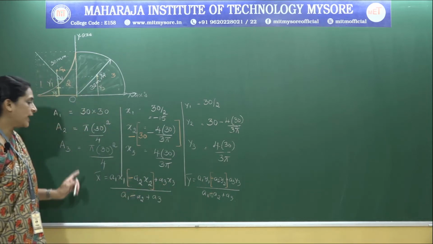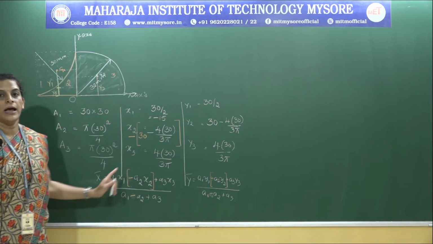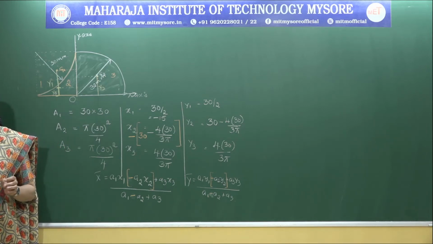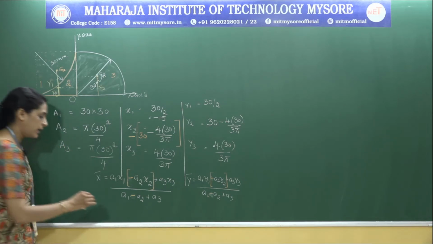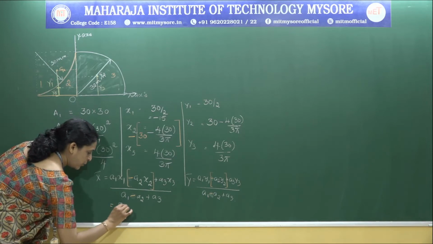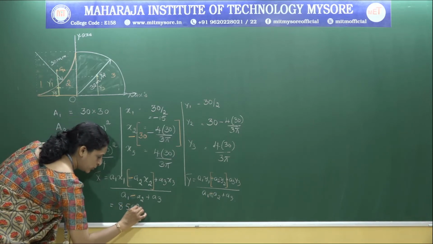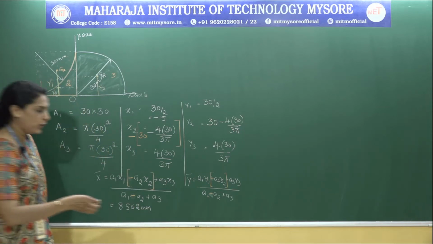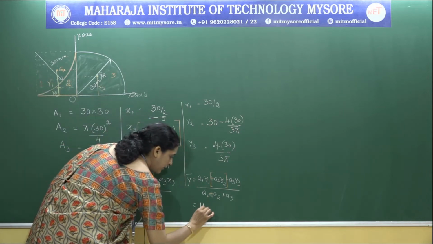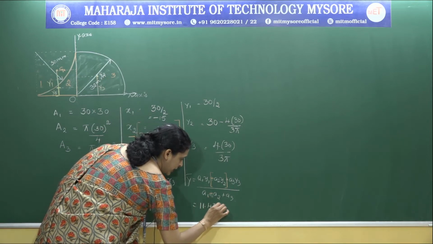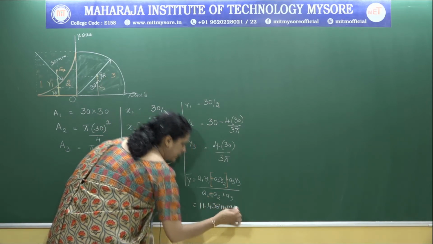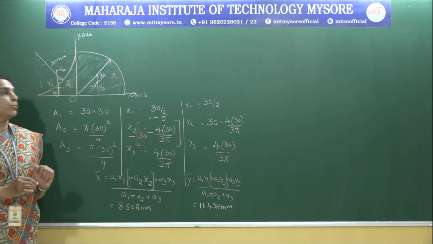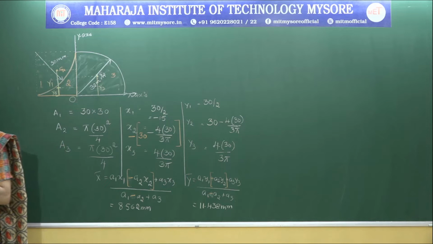So now we get the values of x bar and y bar. Upon substitution, we get the value of x bar as 8.562 millimeter and y bar as 11.438 millimeter. So this is how it goes. Moving on to the next problem.